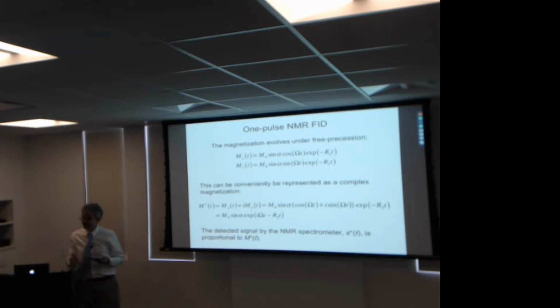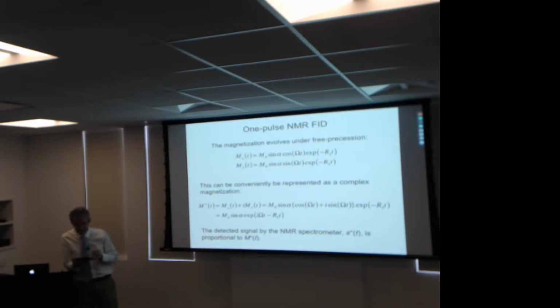And when the magnetization rotates away from the x-axis, there'll be a phase angle, omega t. The projection back onto the x-axis will be cosine omega t. And the magnetization will precess towards the plus y-axis, again with our right-handed rule. So the projection onto the plus y-axis will go as sine omega t.